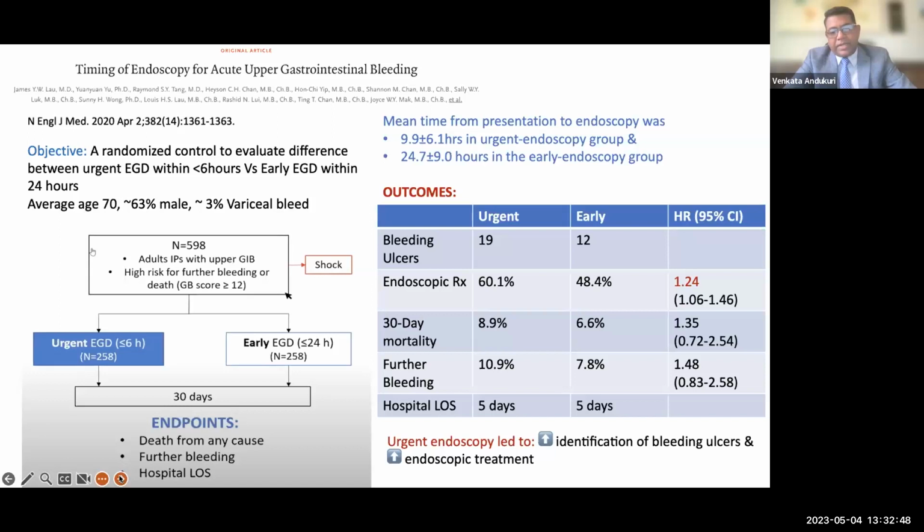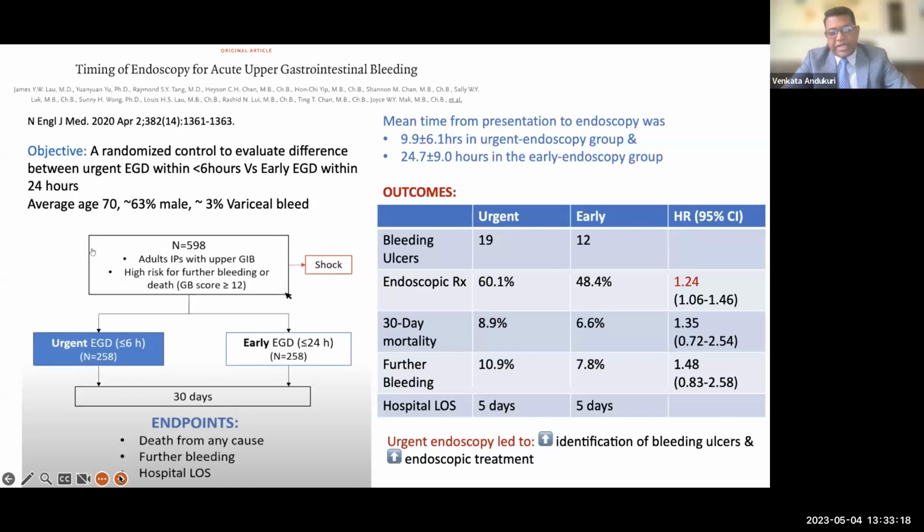And endoscopic treatment obviously was performed more in the urgent group compared to the early, and that was significant. 30-day mortality was 8.9% in urgent versus 6.6% in early. There was no difference there. Further bleeding, no difference. And hospital length of stay, no difference either.